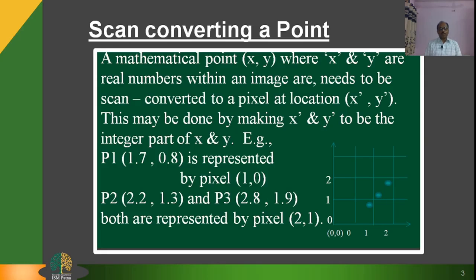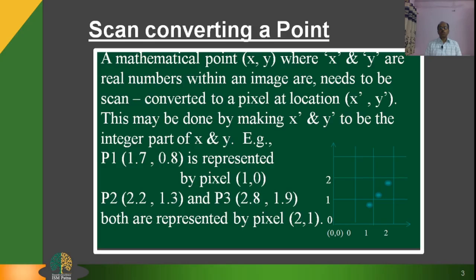If, for example, we take 1.7 and 0.8, it will be represented as 1 and 0. Considering another point, P2, 2.2 and 1.3, that will be considered as 2 and 1.